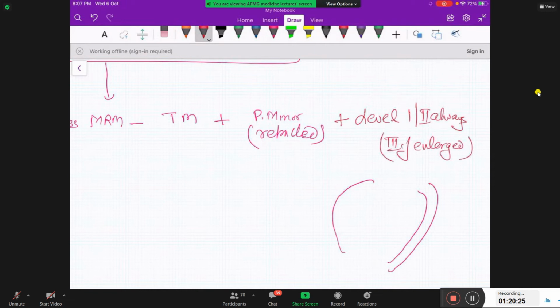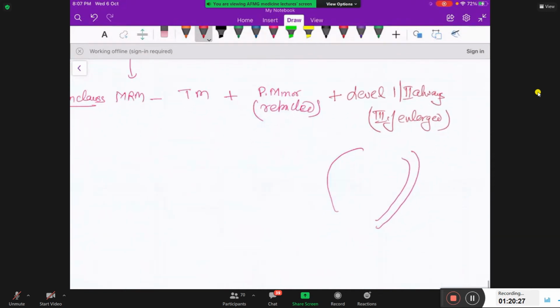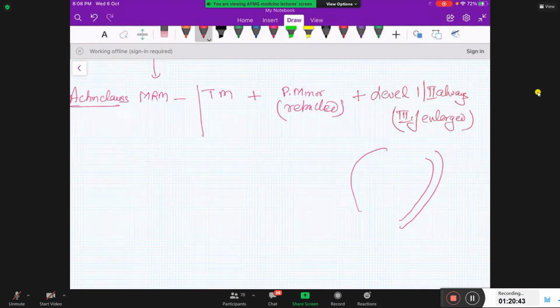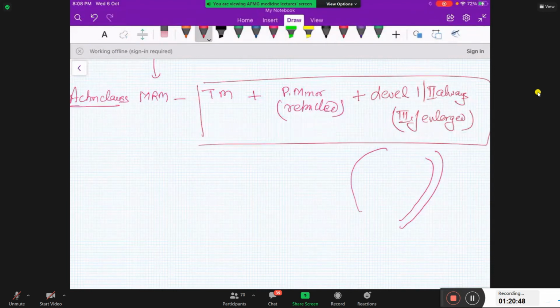We have to remove level 1 and level 2 always. Level 3 we will only remove when level 3 lymph nodes are enlarged. Okay. This is the MRM we are doing now. This is called Auchincloss MRM.